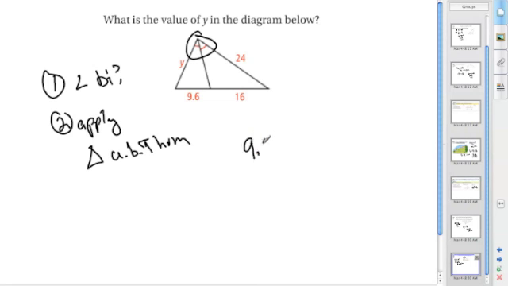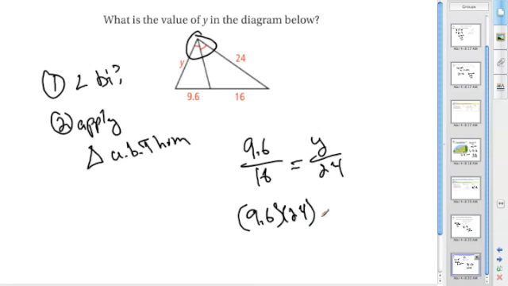So we have 9.6 over 16, y over 24. So we have 9.6 times 24 equals 16y. Therefore, y equals 9.6 times 24. Divide that by 16, and you get 14.4. So there we go.